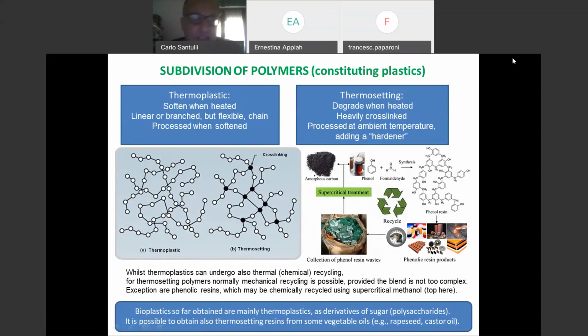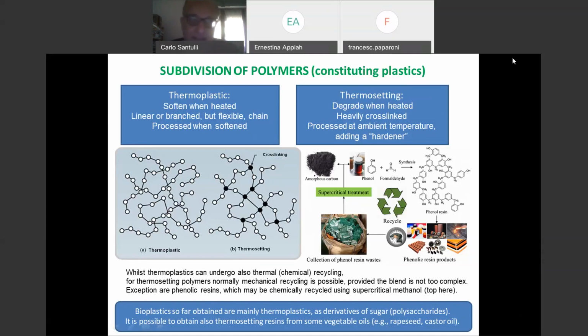They might be branched, so you don't have to think that a polymer is a chain of molecules, which doesn't mean that you have a linear polymer. You might have a linear polymer, or you might have branched polymers which are able to move a little bit. The structure can move a little bit, and therefore you can suppose that you are able to process them because they soften.